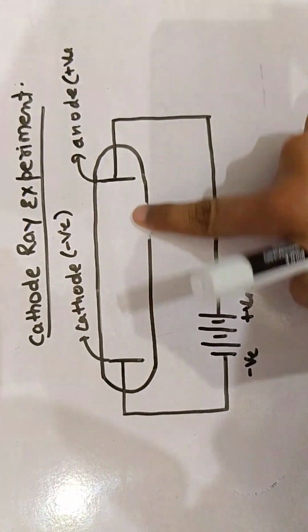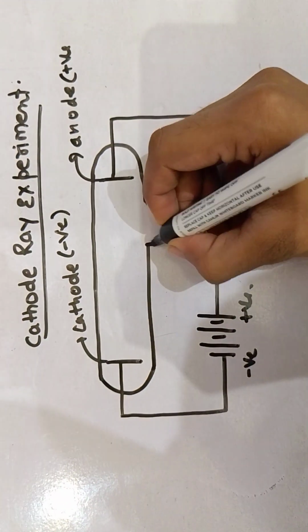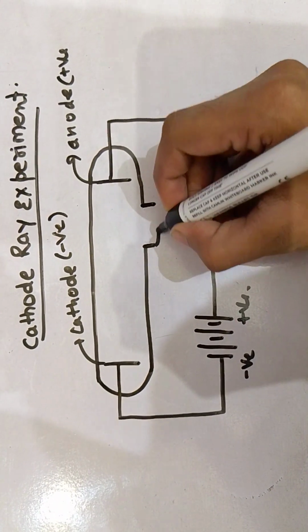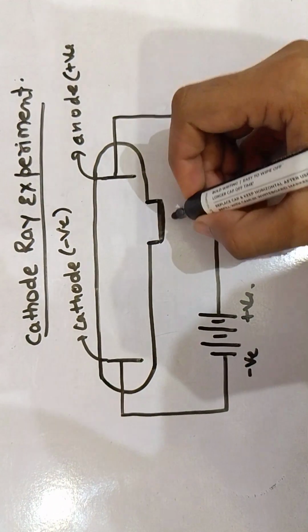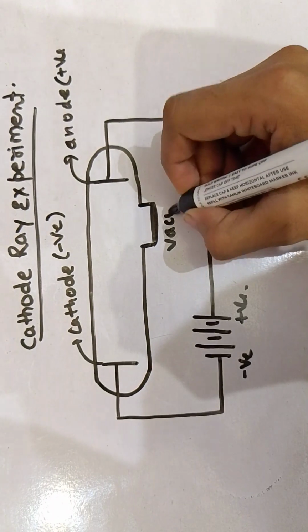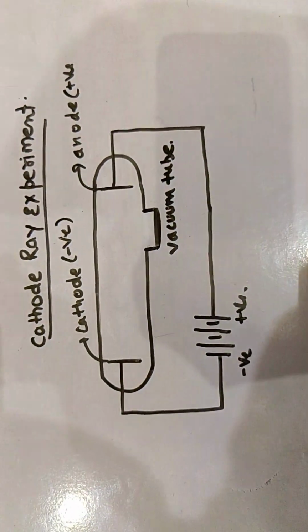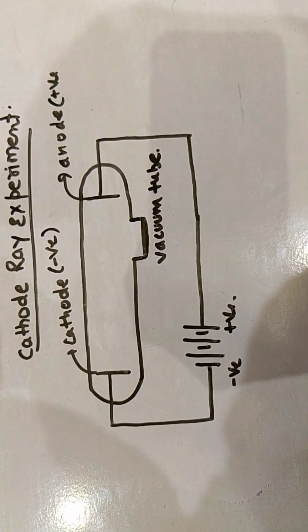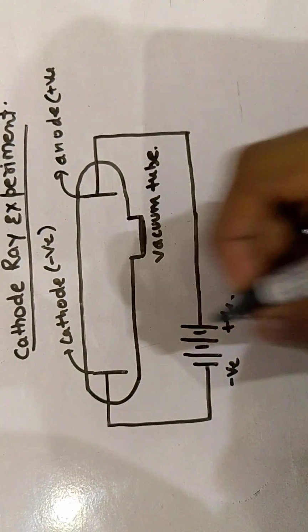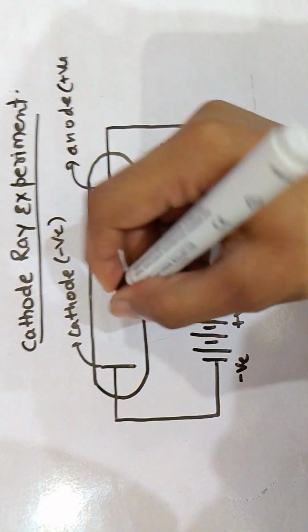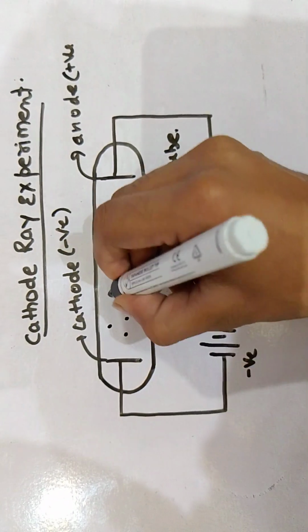As we know, here we will draw a vacuum tube for ejection of gas. Suppose there is a gas like hydrogen here.